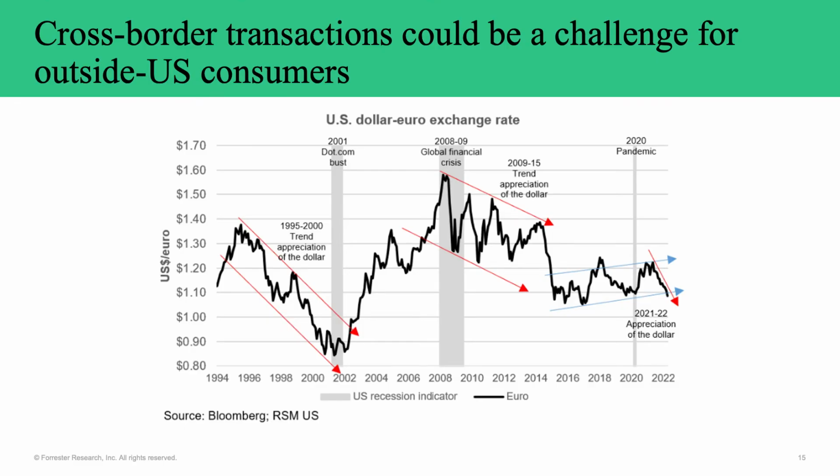So I talked with Rebecca about cross-border trade, and this is just the tracking of the U.S. dollar over a long period of time, dating back to the mid-90s. And what we have here is the dollar and the euro being at one of the lowest levels ever in a long period of time. The last time it was lower than this was at the turn of the century.